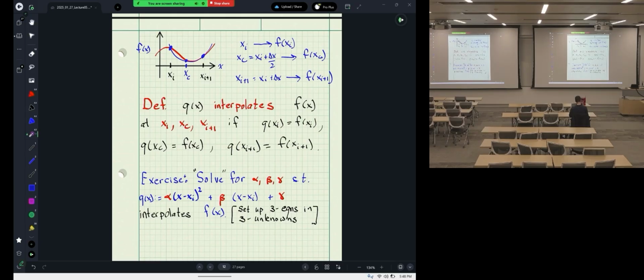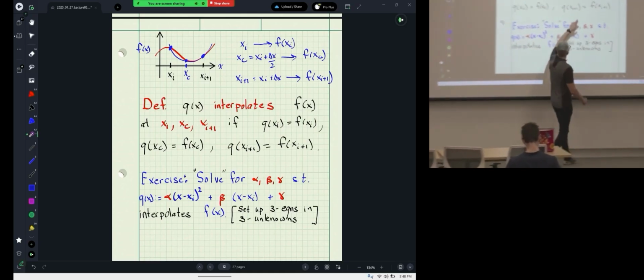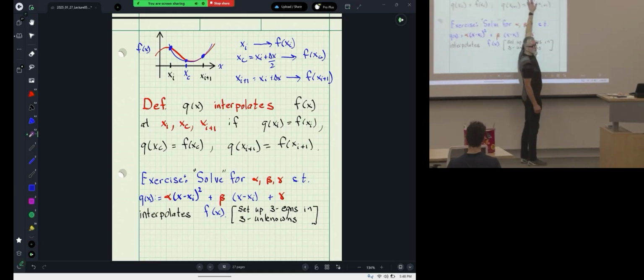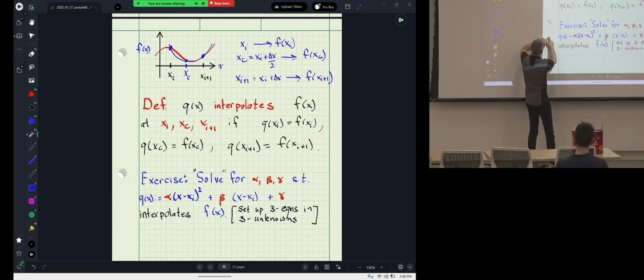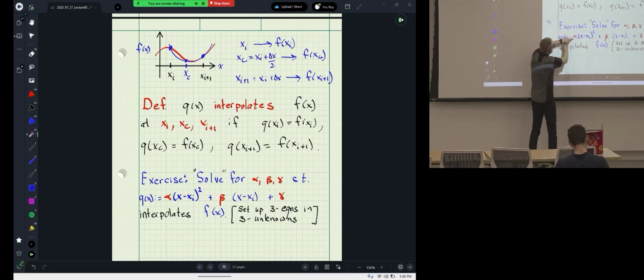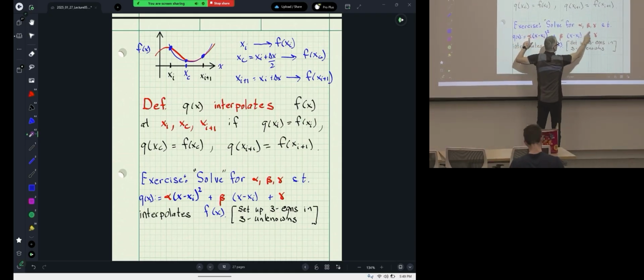Yeah, so let's look at this point here. This is the interpolation condition. So f of xi equals q of xi, which means I plug in xi here, 0. I plug in xi here, 0, and I get f of xi equals gamma.